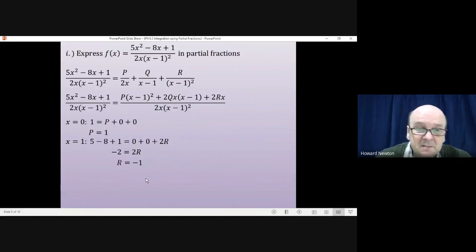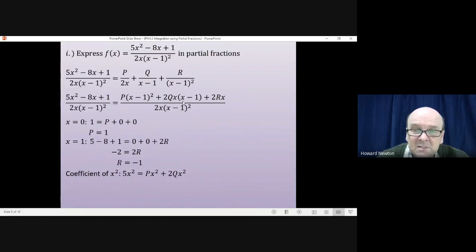Now, to find the final constant, to find q, the easiest way to do it is normally to choose the highest power. So we'll look at the coefficient of x² on both sides. On the left-hand side, we've got 5x². On the right-hand side, if we squared this bracket, we'd get x² times p, which is what we've got there. And then multiplying out these brackets, we're only interested in the x² term.